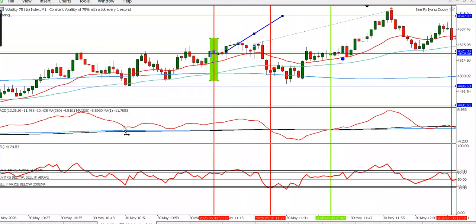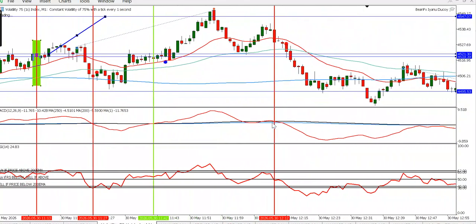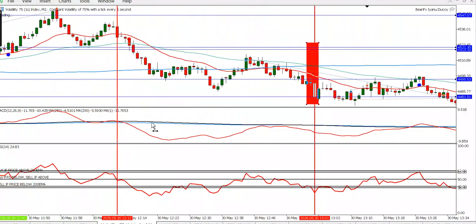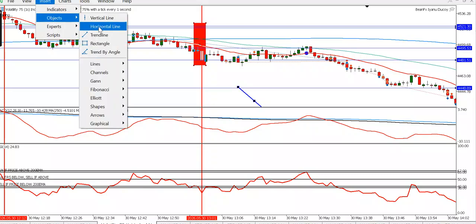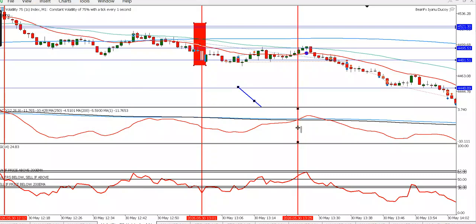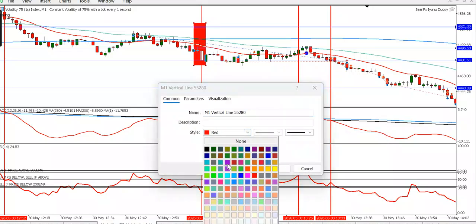And when the red line crosses down, that's bearish. And red line crosses up, bullish. Red line crosses down, bearish. Okay, so bullish, bearish. This bullish here, and this bearish here, right here. Let me change this color to bullish.